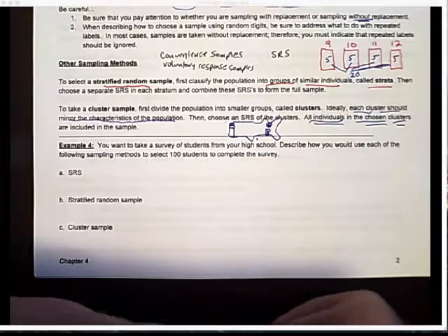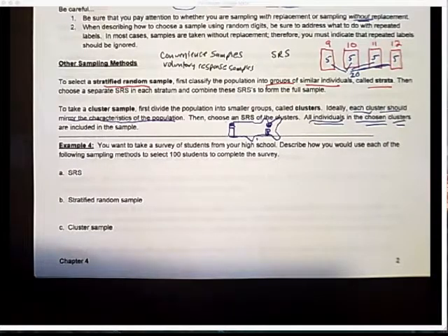Example 4 says you want to take a survey of students from your high school. Describe how you would use each of the following sampling methods to select 100 students to complete the survey.